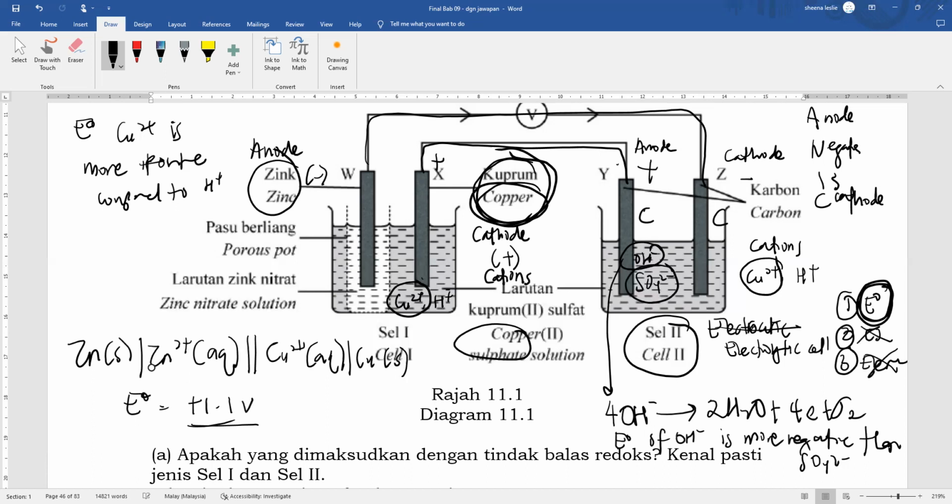The lower it is in the ECS, that's the one I'm going to selectively discharge. So Cu2+ and hydrogen, which one is lower in the ECS?